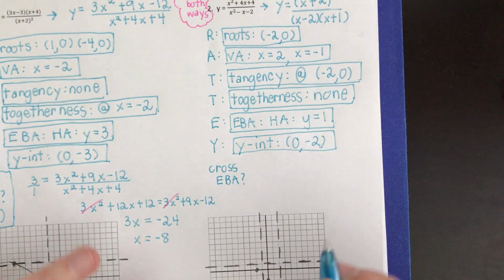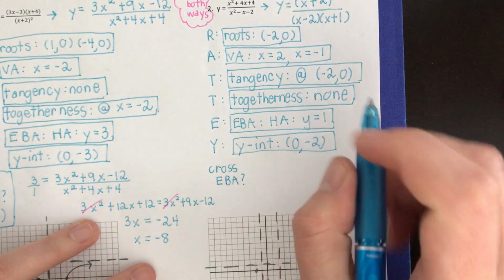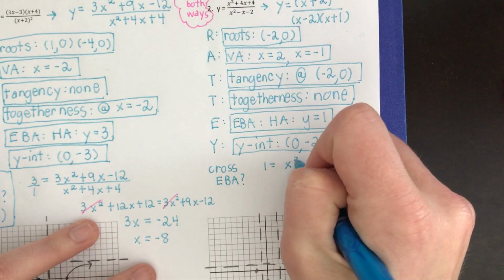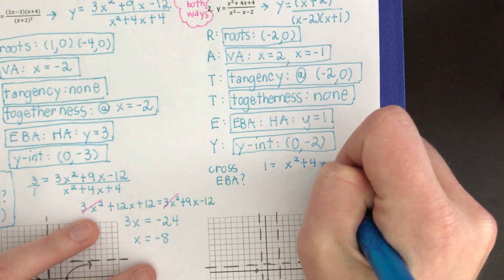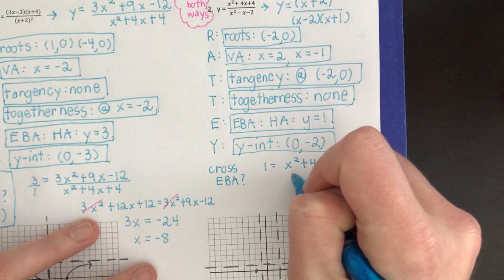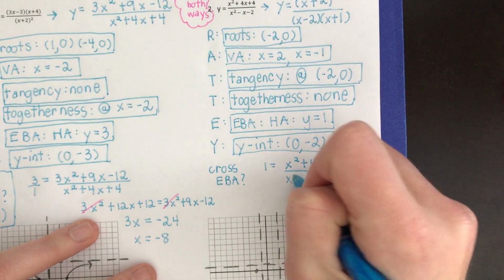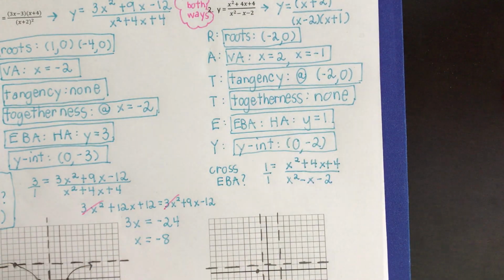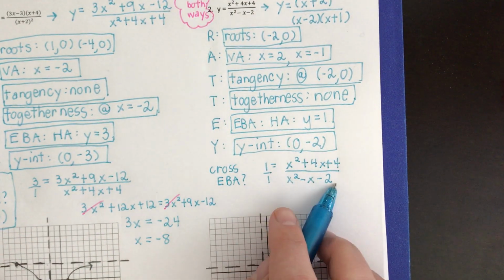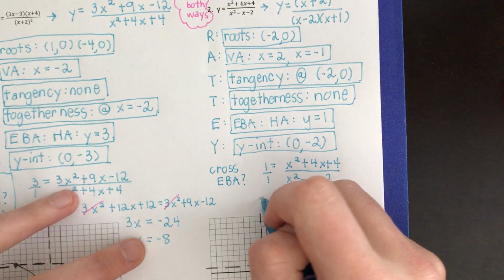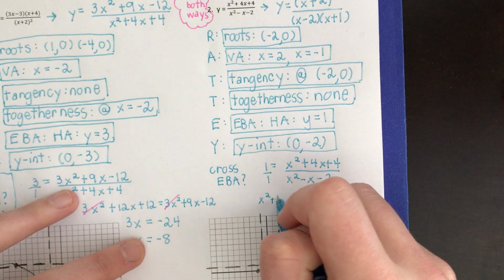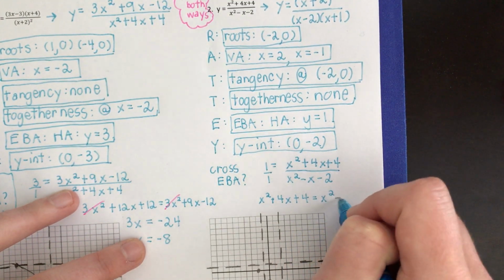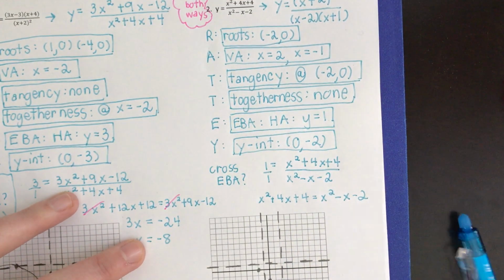And then do I cross EBA? Well, let's take that HA, 1, set it equal to the original given rational equation. Hope, cross our fingers that we have enough room to work here. So it's nice because 1 times all 3 terms just basically means x squared plus 4x plus 4 equals x squared minus x minus 2.